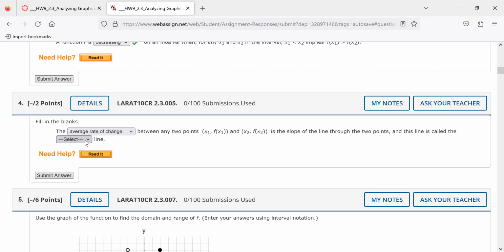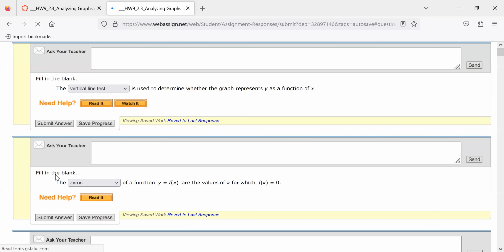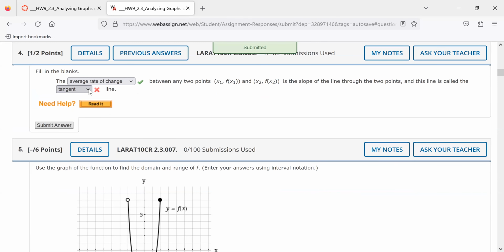The line through those 2 random points could be tangent, but I don't know. Let me see what this book calls it. Might be secant. Yeah, in calculus, tangent would be if it was 2 points that are infinitely close.